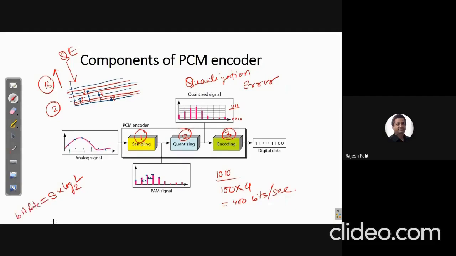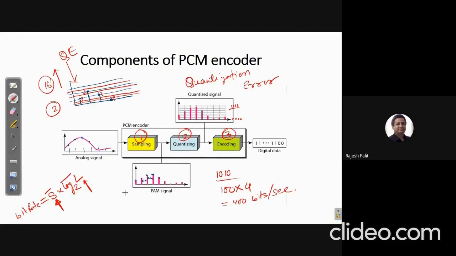Now the question is, how many levels should we use in this process, and what should be the sampling rate? These are the parameters. If you take more samples, the bit rate will be high. If you have more levels, definitely the bit rate will be high, because it is the product of the sampling rate and the number of bits per level.